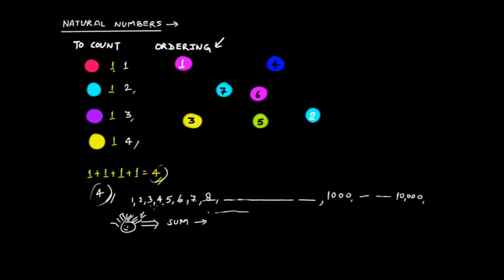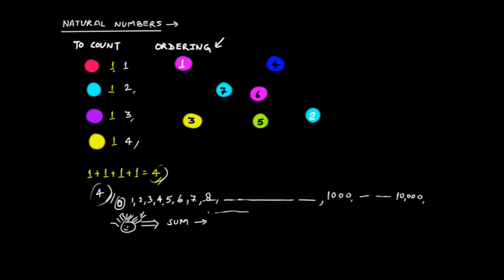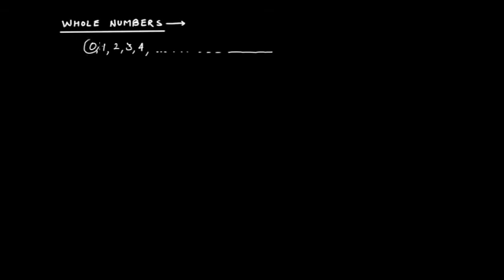Now let's move to another thing that is called whole numbers. What are whole numbers? In the natural numbers you started from 1, 2, 3, 4, 5, 6, 7, 8, and it will go on, and there's no limit for that. But if you include 0 in that, and you make it 0, then 1, then 2, then 3, then 4, and so on, that would be whole numbers.